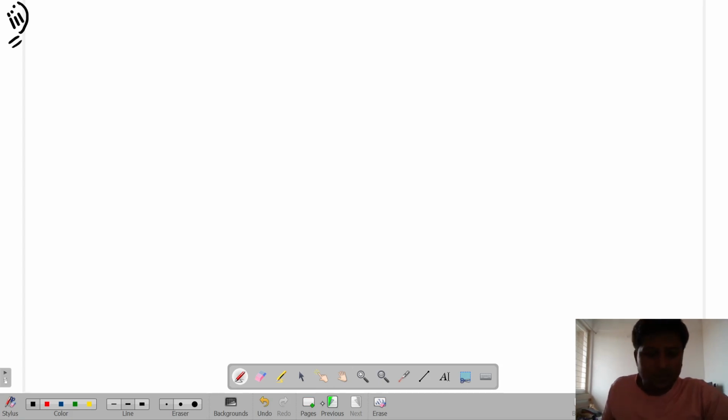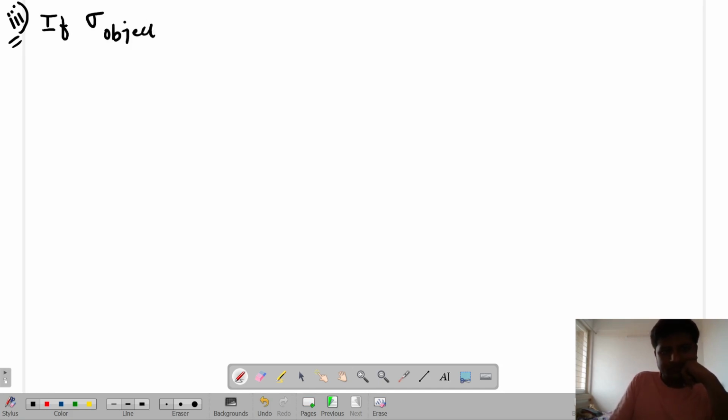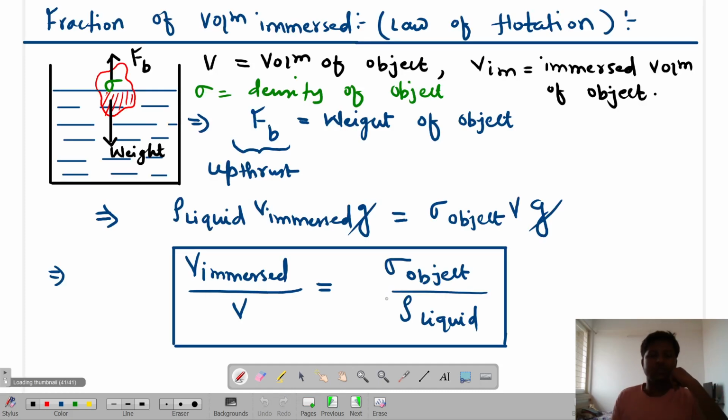So basically, let's suppose the first case is if density of object is less than density of liquid. So look over here, if the density of object is less than density of liquid, that means what? This volume immersed will be less than volume of the object, isn't it?